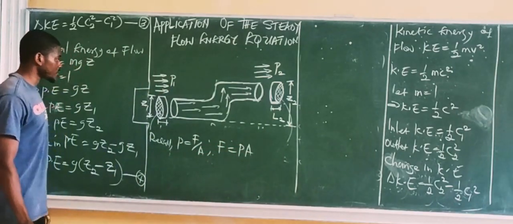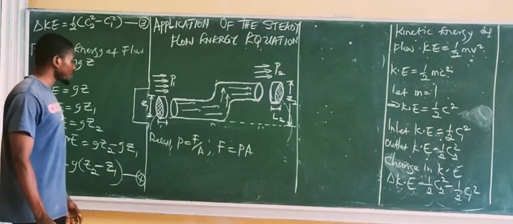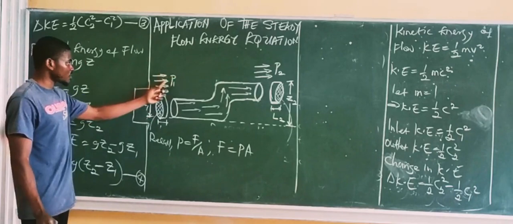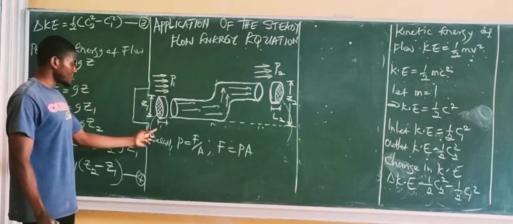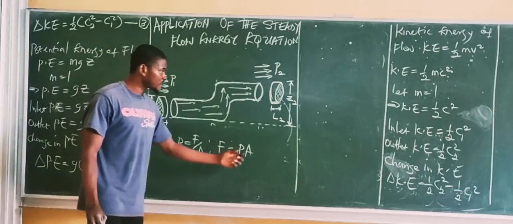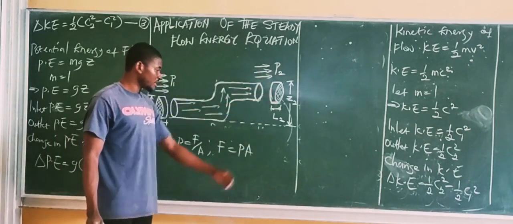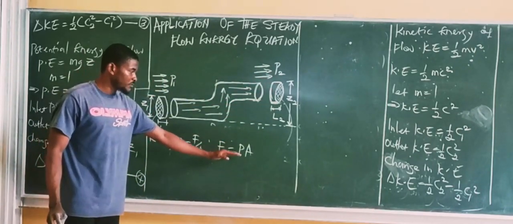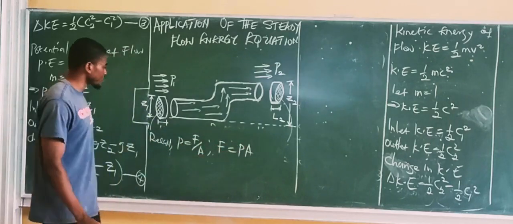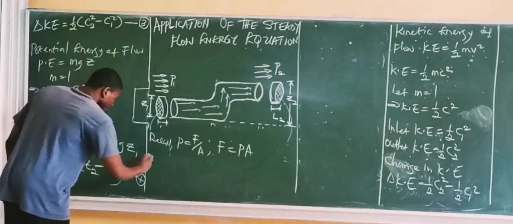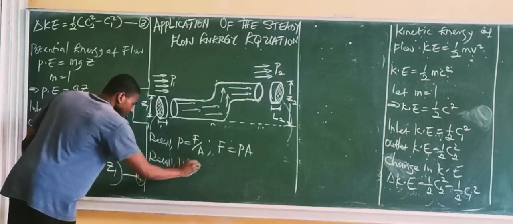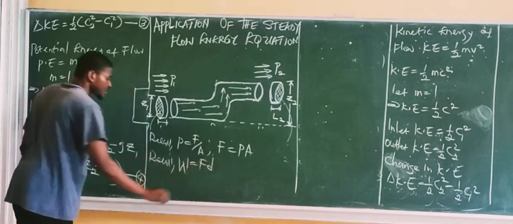So the force at state 1 is pressure at state 1 times area at state 1, and the force at state 2 is pressure at state 2 times area at state 2.